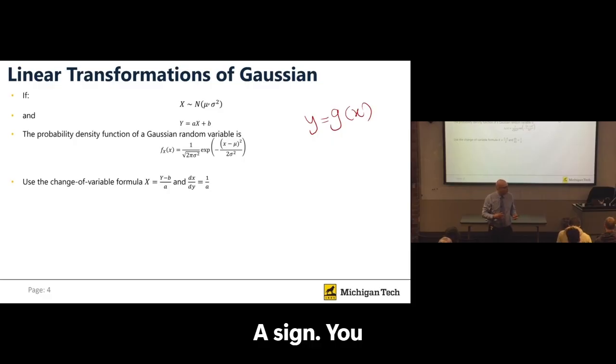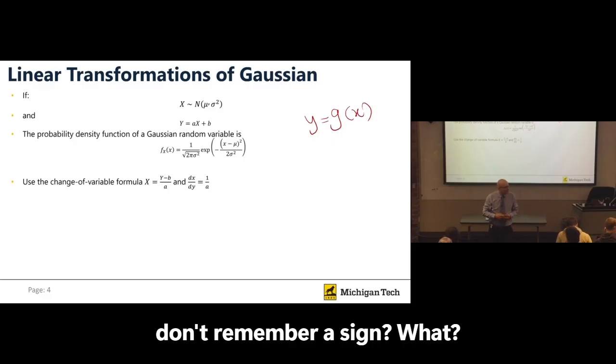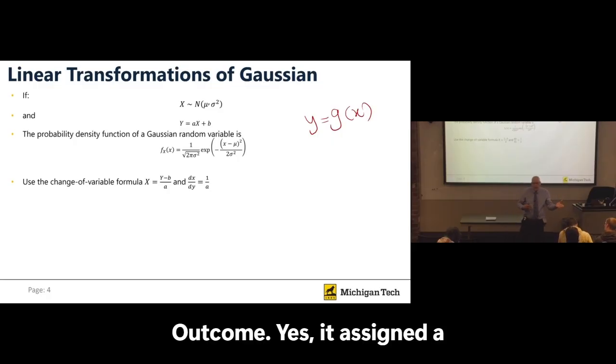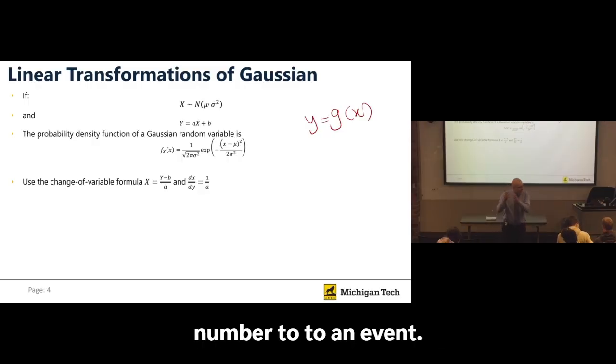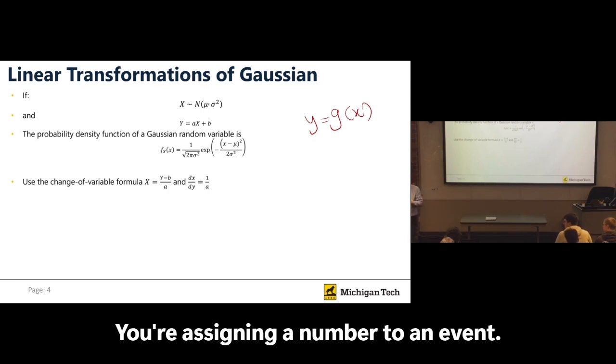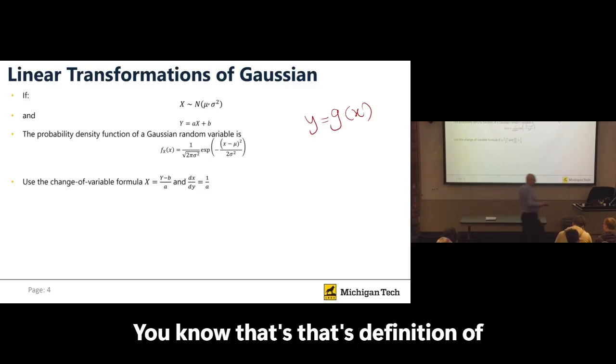Assigns. You don't remember? Assigns what? Outcome. Yes. It assigns a number to an event. You're assigning a number to an event. That's the definition of random variables.